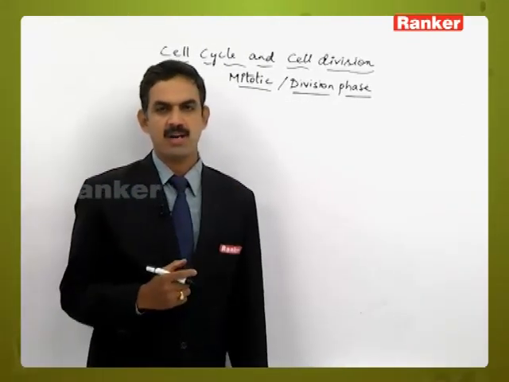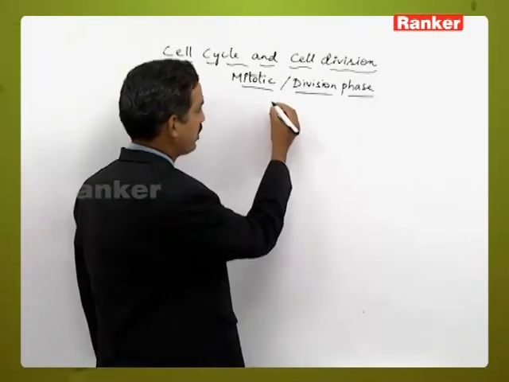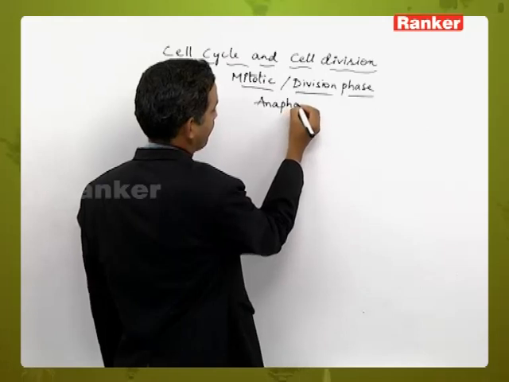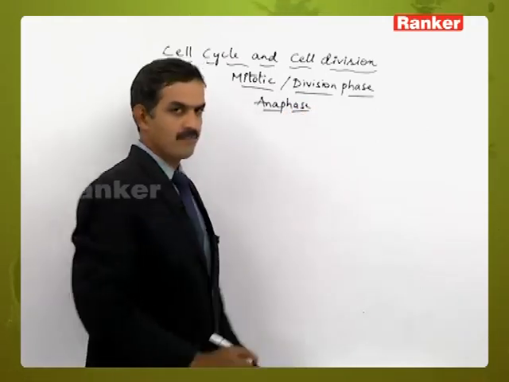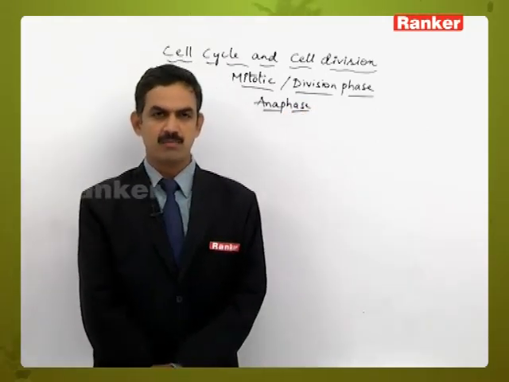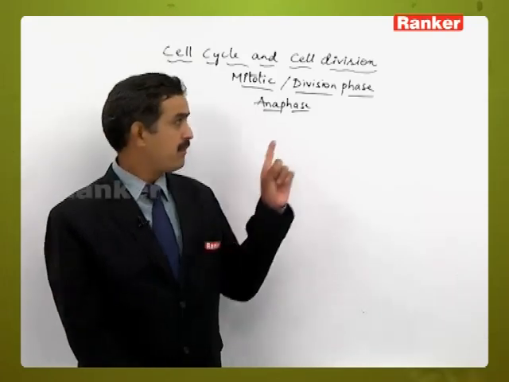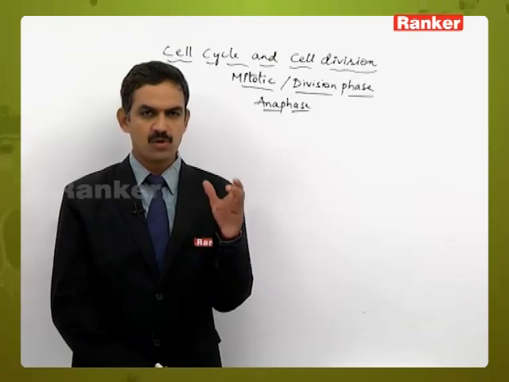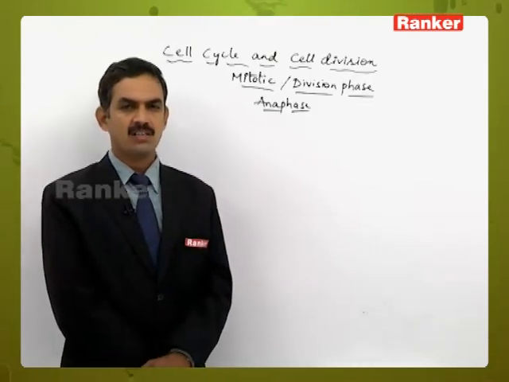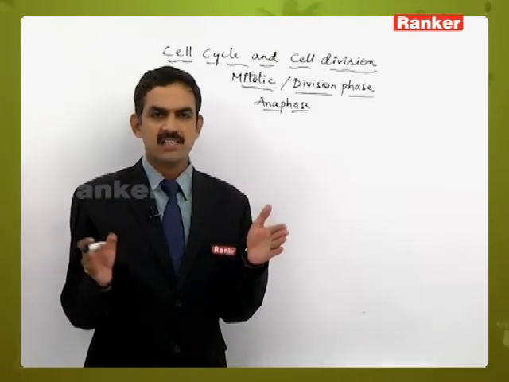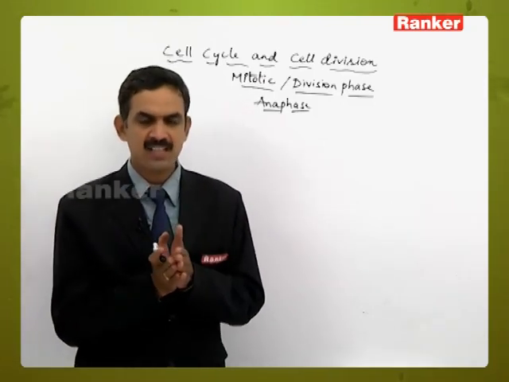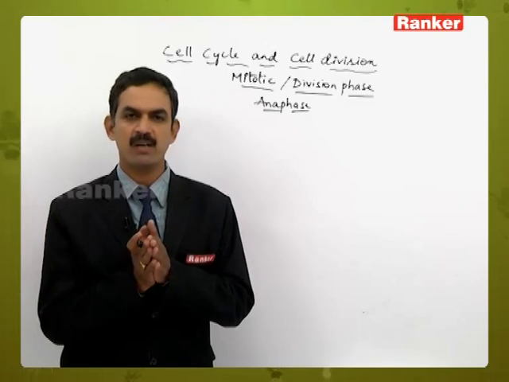The third stage in mitosis is anaphase. Anaphase is considered the most active stage. Before anaphase, during the metaphase, all the chromosomes are organized on the equatorial region, moving to the equatorial plate and arranged on it.